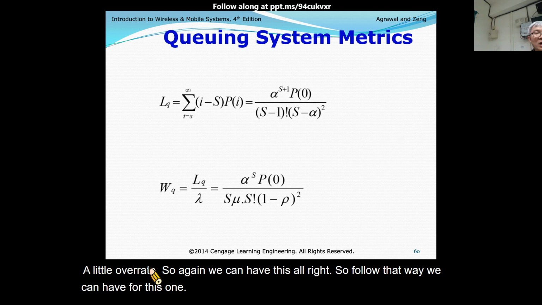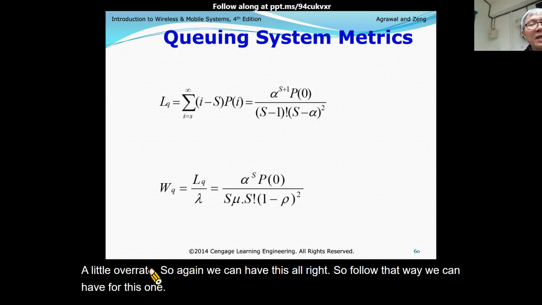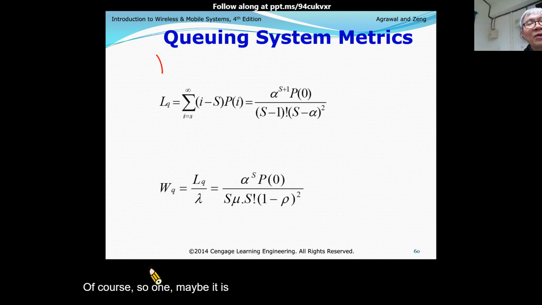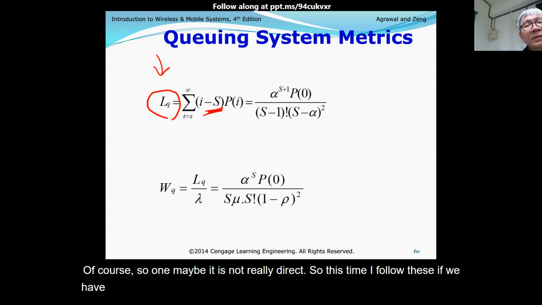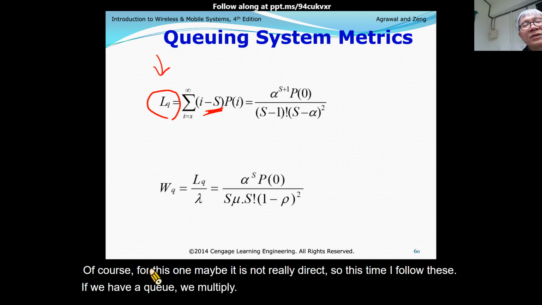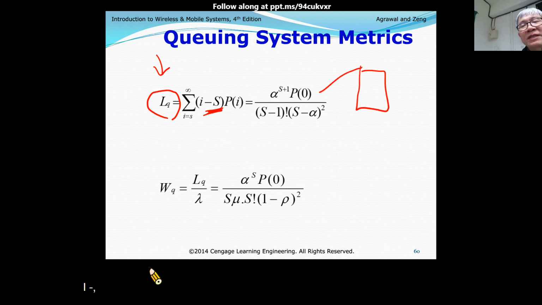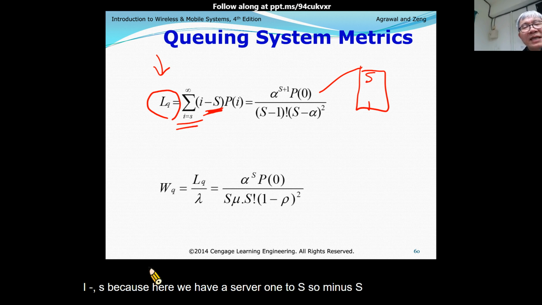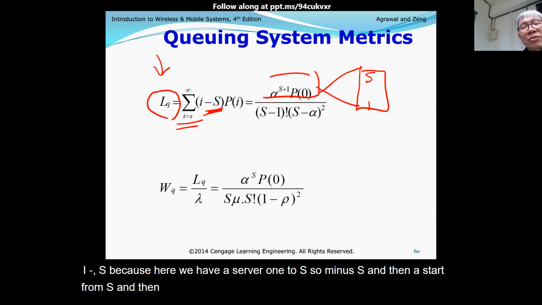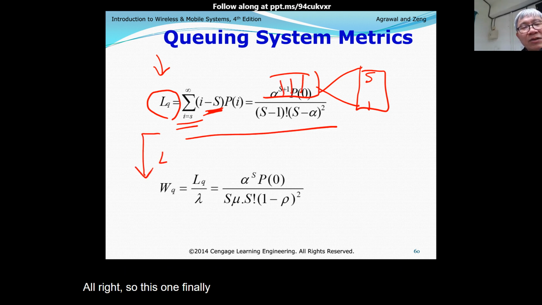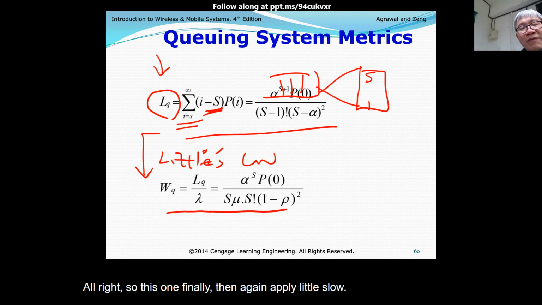Of course, this one may not be really direct, so this time I follow this: if we have Q, we multiply by i minus S, because here we have servers 1 to S. So we subtract S, start from S, and then we stay in the queue. Once we find this, again apply Little's law. So we have this result.